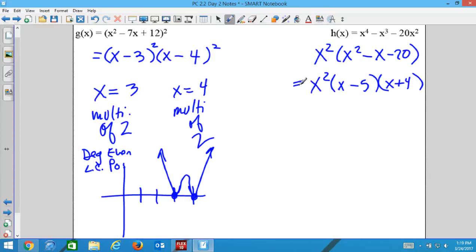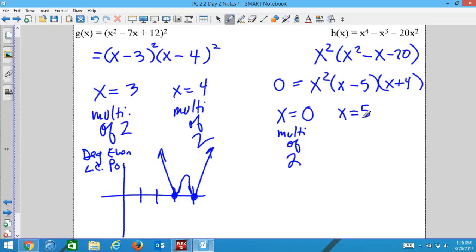So when we set that equal to 0 and we solve for each factor, our first factor, x equals 0. But there's a multiplicity. Our second factor, x equals 5.